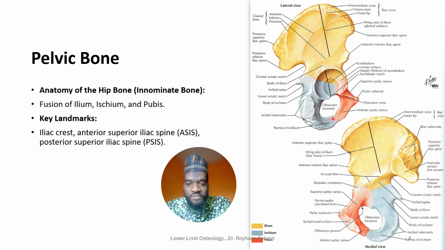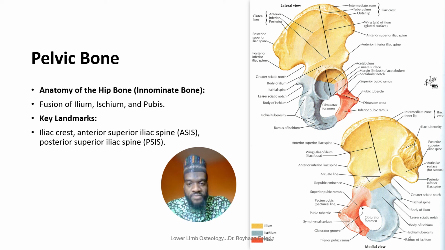So forming the inferior margin of this obturator foramen are two bones, okay, which come together to merge. Each of those bones contributes an arm which meets in the center to form the inferior margin of this foramen. Each of these arms is referred to as a ramus. Okay, so the ramus contributed by the ischial bone is known as the ramus of the ischium or ischial ramus, and then we have the pubic ramus, and there are two of such rami in the pubis.